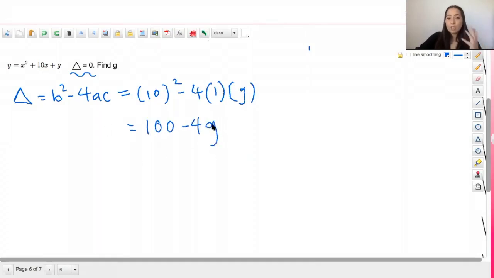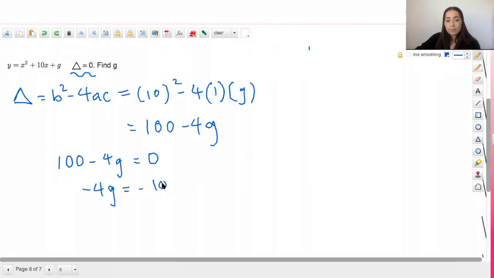So how are we going to find g? Well, we know that the discriminant is equal to 0. Since this is our discriminant, we can equate it to 0. So we get 100 minus 4g equals 0. Now we simply make g the subject. I'm going to subtract 100 from both sides, so I get minus 4g equals negative 100. Then divide both sides by negative 4, and I get g equals 25.